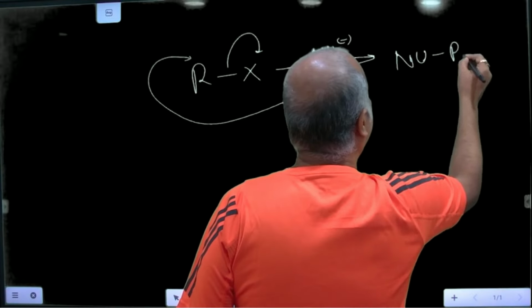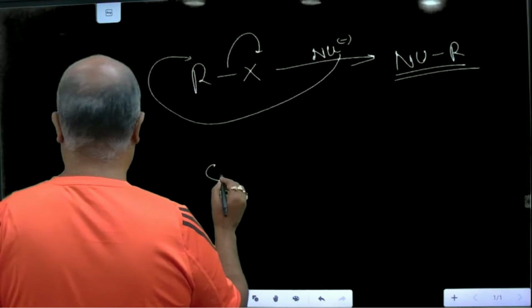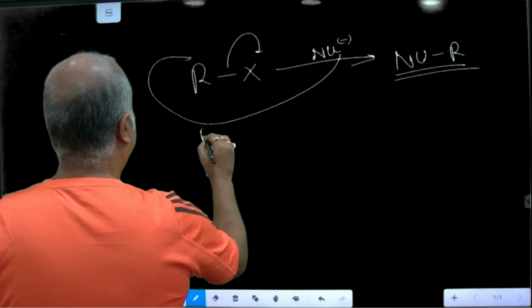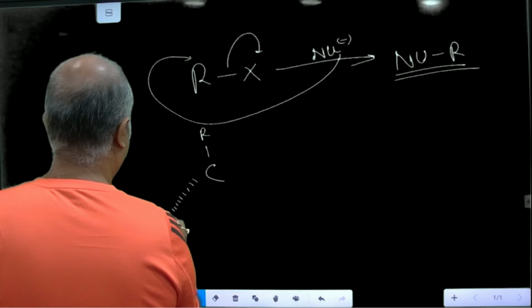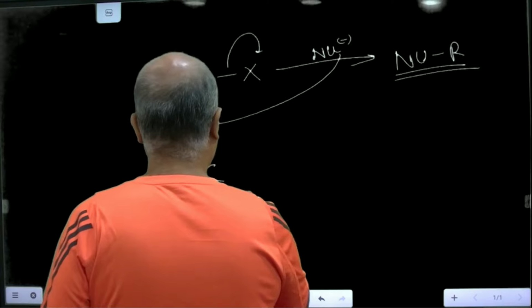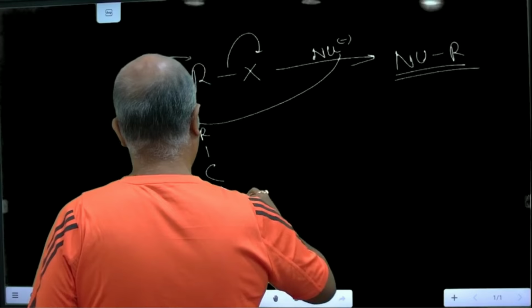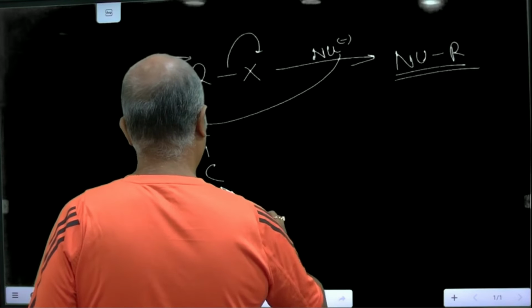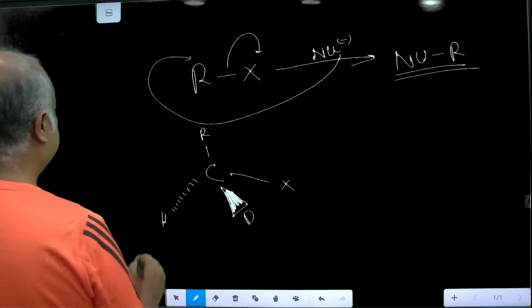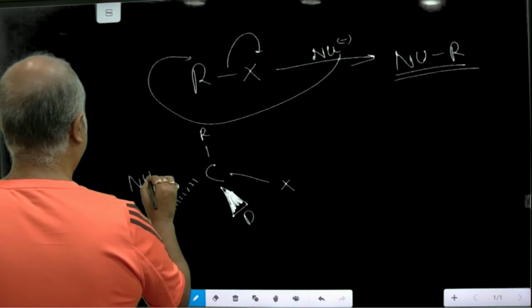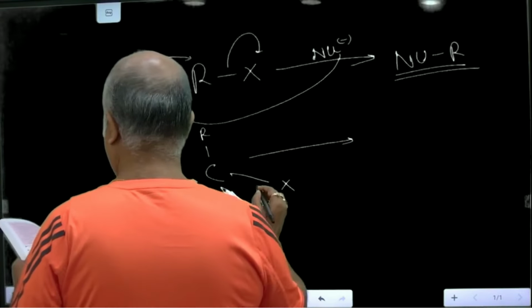If we take this angle, there is deuterium, there is an X halide, the nucleophile, and the leaving group.